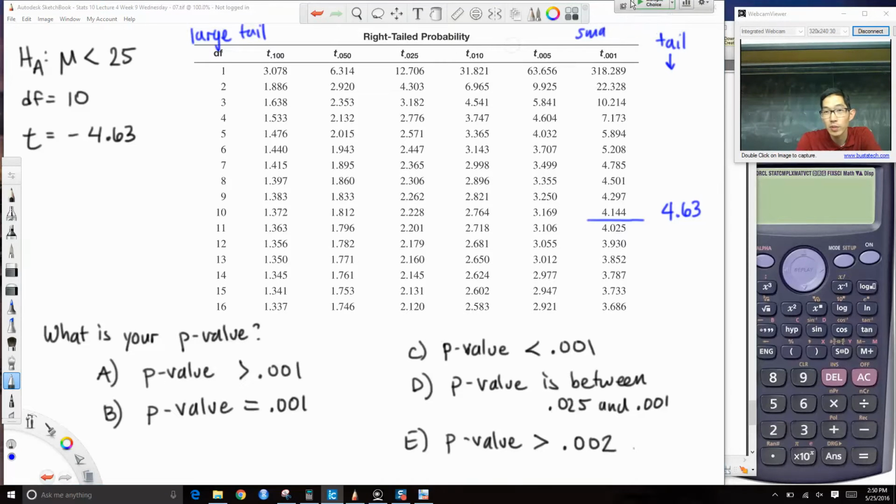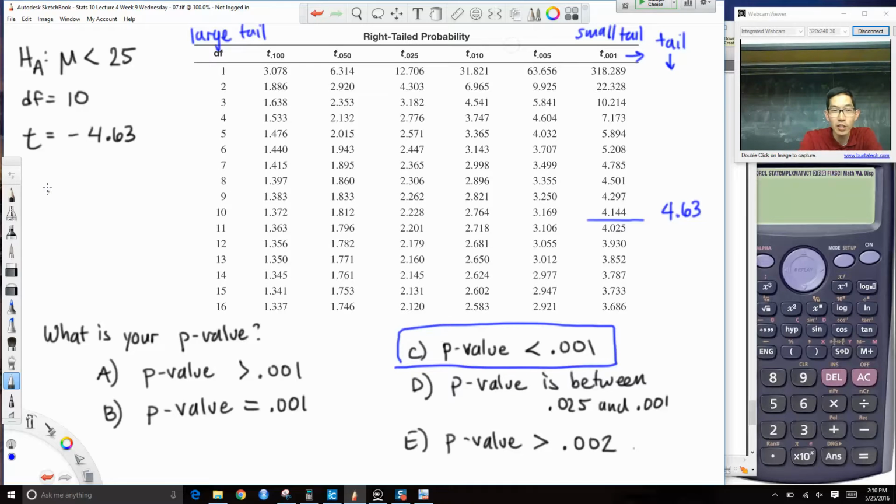So as we go this way, the corresponding tail will be less than 0.001. And here we have our p-value equal to our tail. So the p-value is less than 0.001.